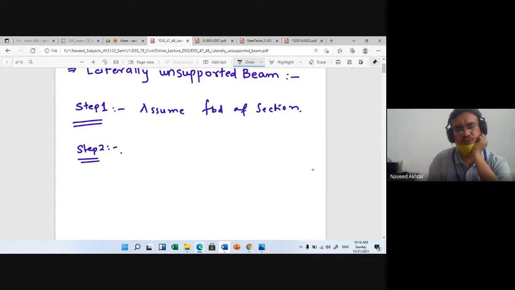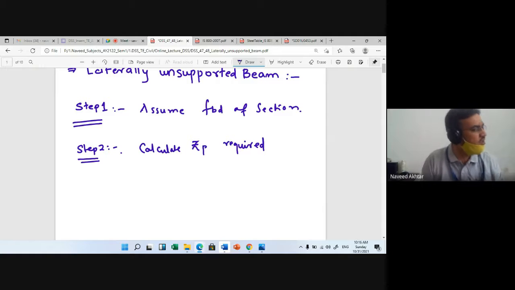Step 2, you have to calculate Zp required. You know that Md is equal to beta b Zp fbd. From this, Md is equal to beta b Zp into fbd.